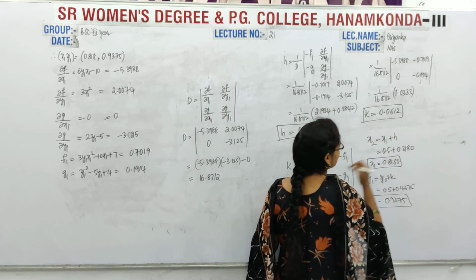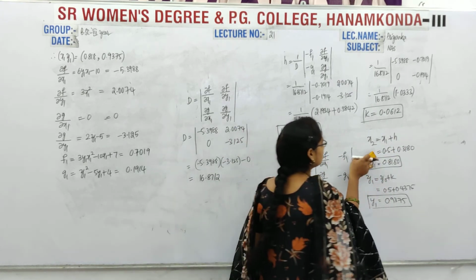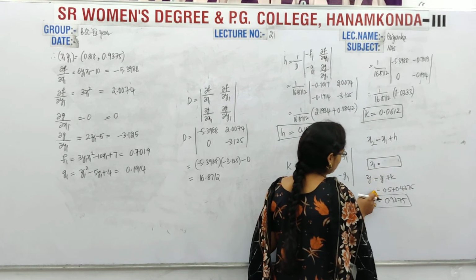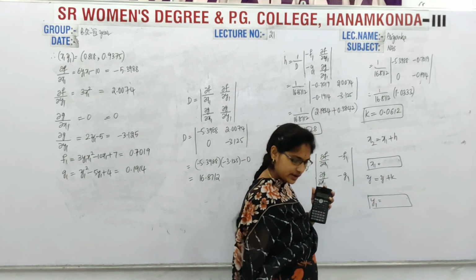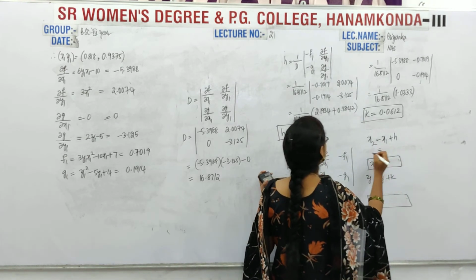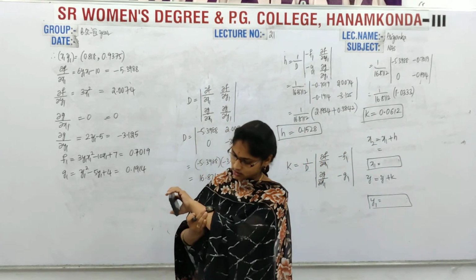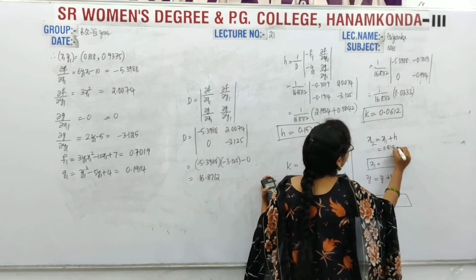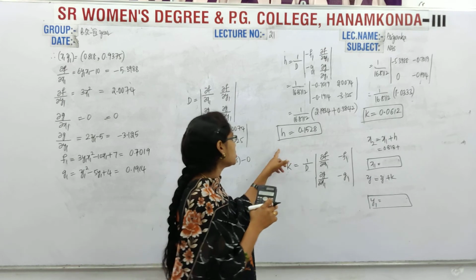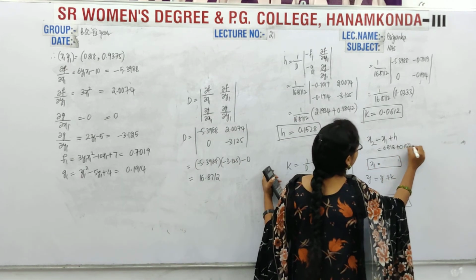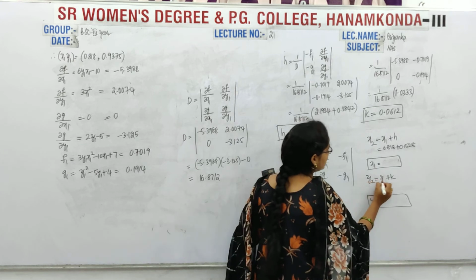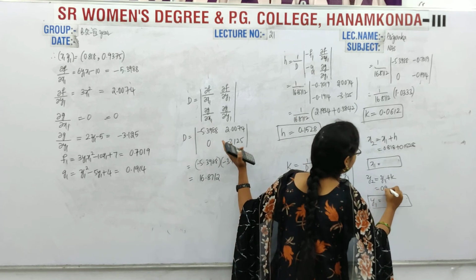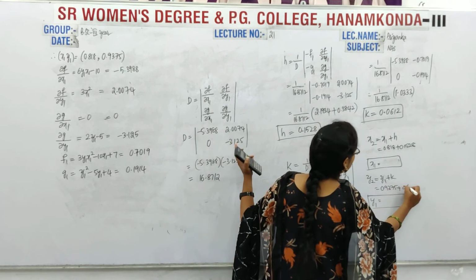Next, what do we have to calculate? X2. The X2 formula is X1 plus H. So now here, X1 plus H means, what is X1? X1 value is 0.818, plus H, what will be the H? 0.1528. Just take the addition. And here Y2 is Y1 plus K. So Y1 plus K means, what is Y1? 0.9375 plus K, 0.0612.